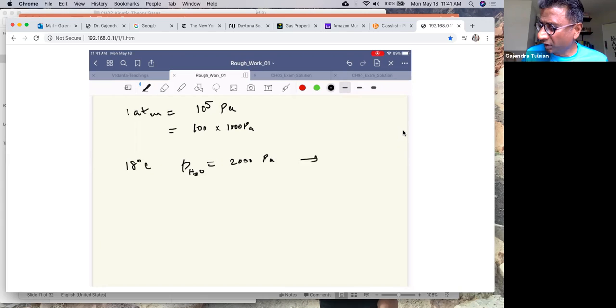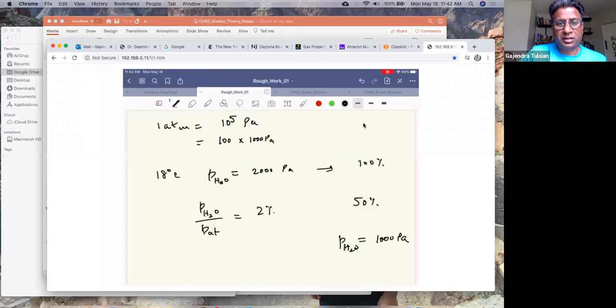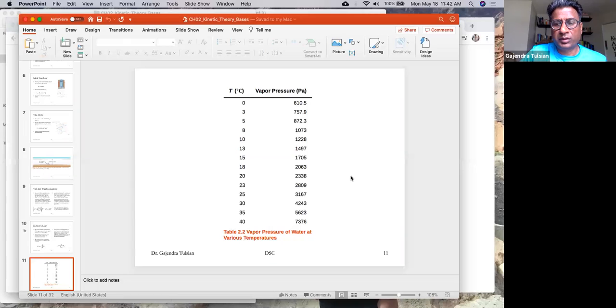This is at 100% humidity, and partial pressure divided by atmospheric pressure is 2%. And of course, if relative humidity is 50%, then the pressure of H2O would be 1,000 pascals. That's at 18 degrees Celsius. So this is a very useful table in meteorology.